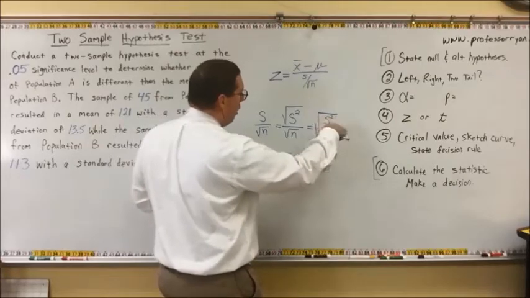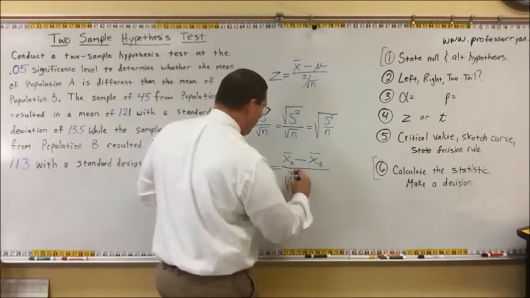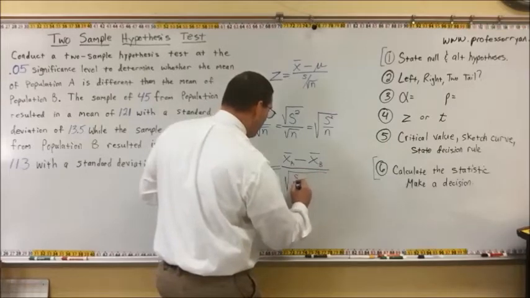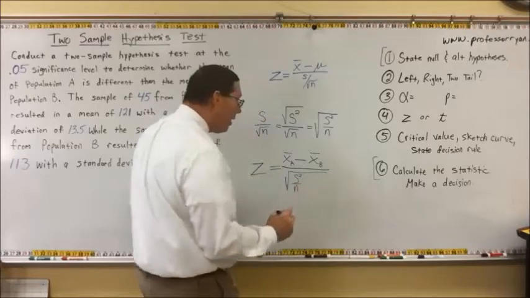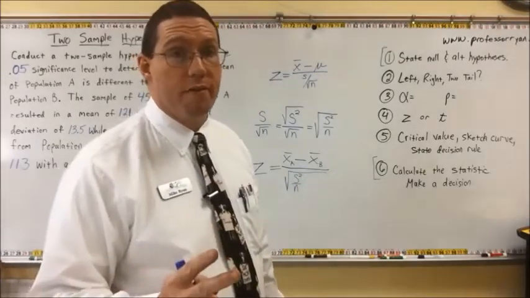It's going to look a lot like this. It's going to be the square root of s squared over n. But there's 2 s squareds. There's 2 standard deviations.